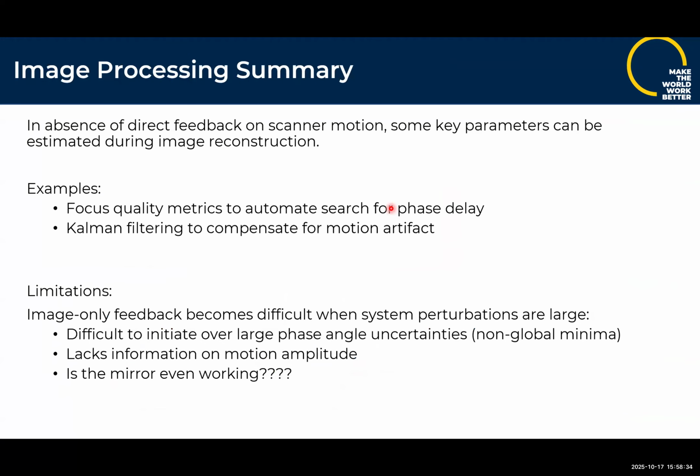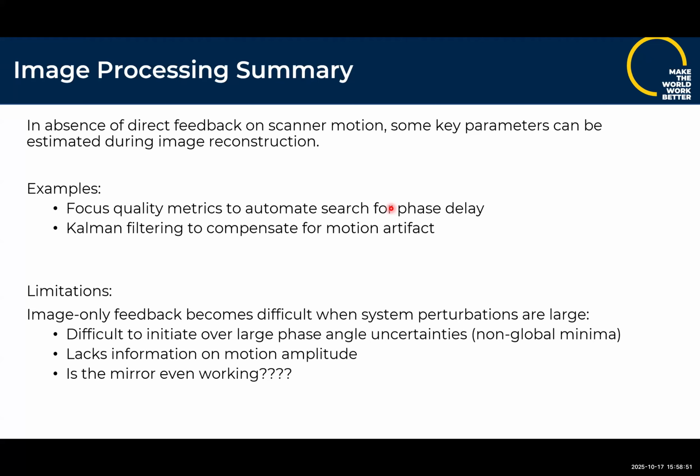So this has been very handy to us. We don't need to add any sensing to the system. It has a metric that is very well suited to the Lissajous scan pattern. And we can even extend it with things like a Kalman filter for motion artifact to some extent.